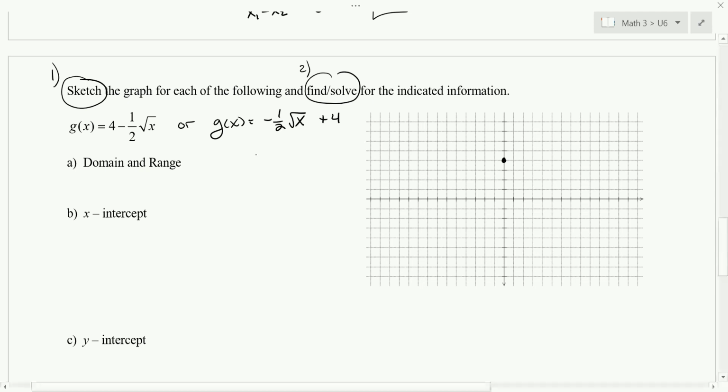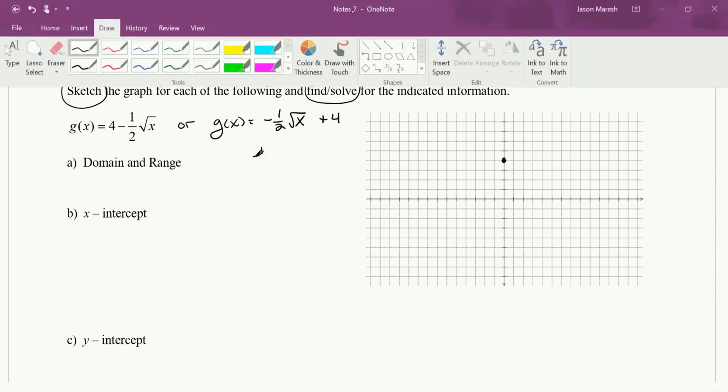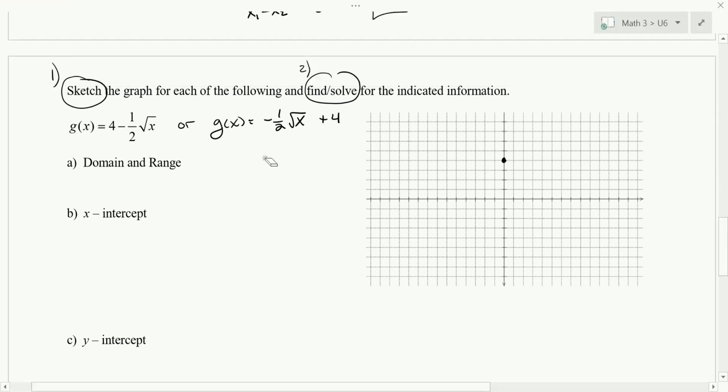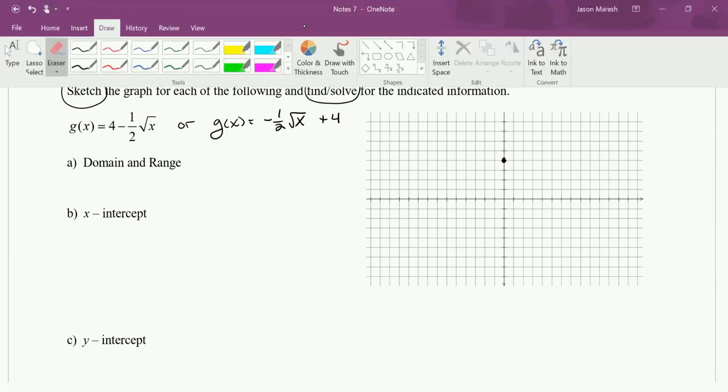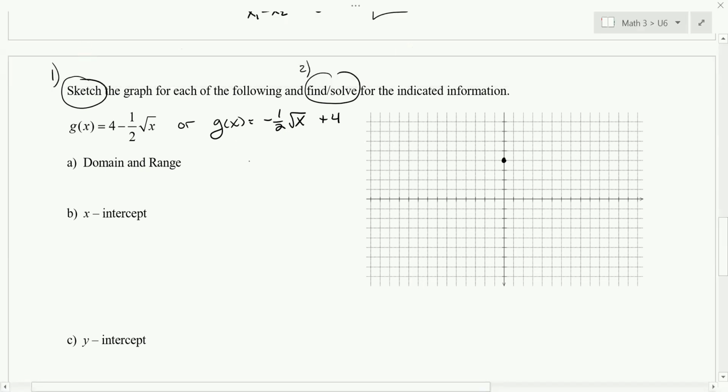So let's get some points here. And we need to be a little more careful because not only do we have a square root, but now we have a fraction as well. I could take the square root of 0, and if I take square root of 0, I get 0.